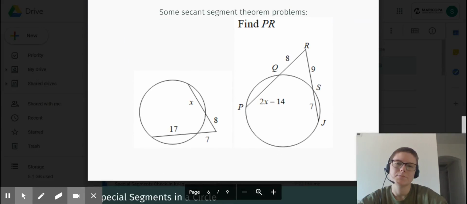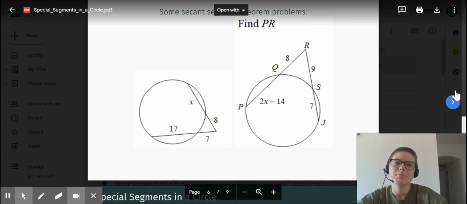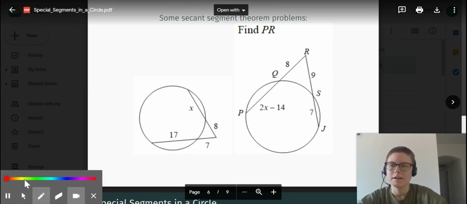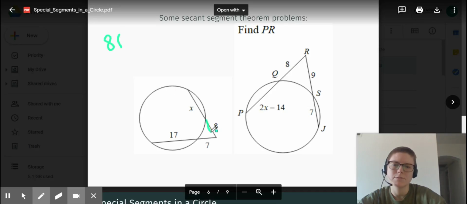Okay, so some secant segment theorem problems are right here. This first one's the easy kind. So we've got 8 times, right, so 8 is the small piece.